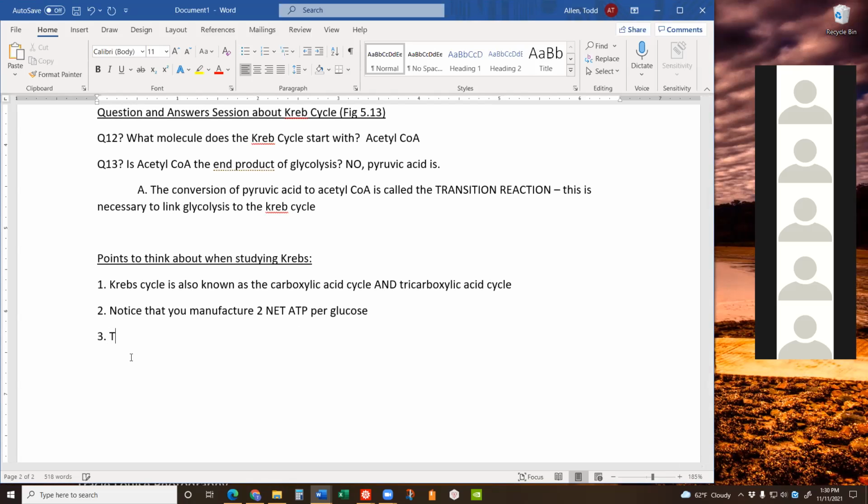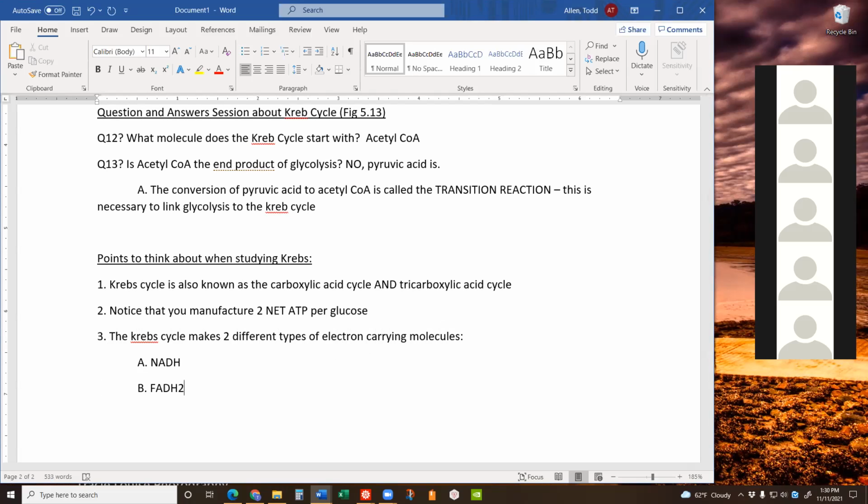So the Krebs cycle makes 2 different types of electron carrying molecules. They are the NADH that you're used to from glycolysis, and they are the FADH2.